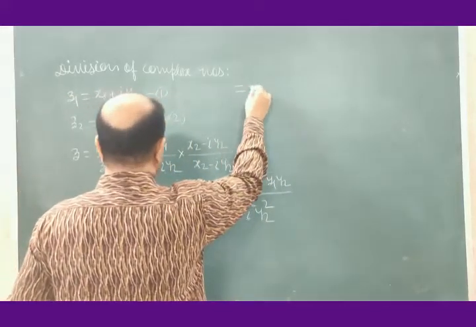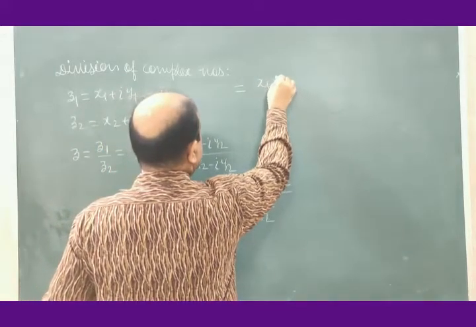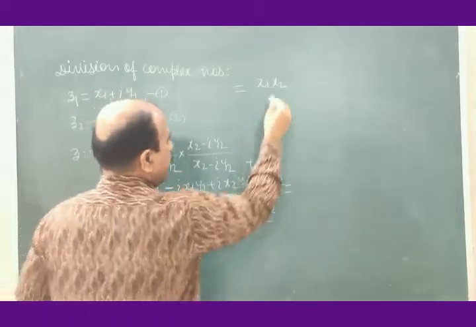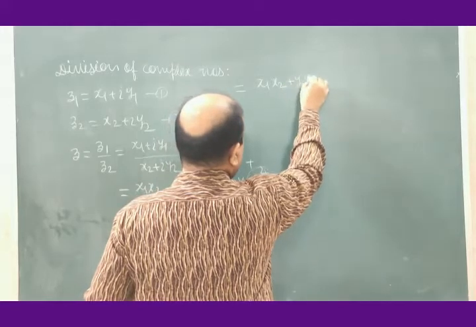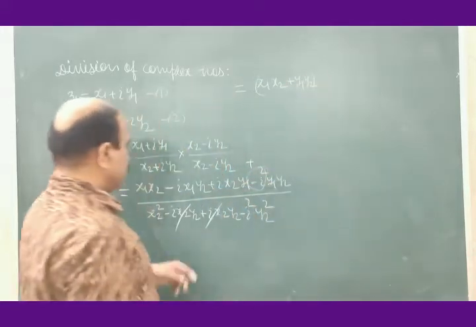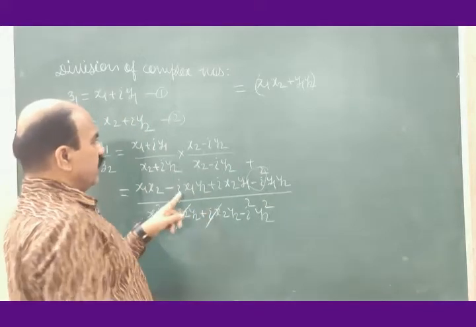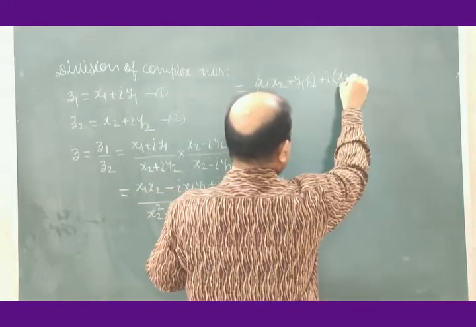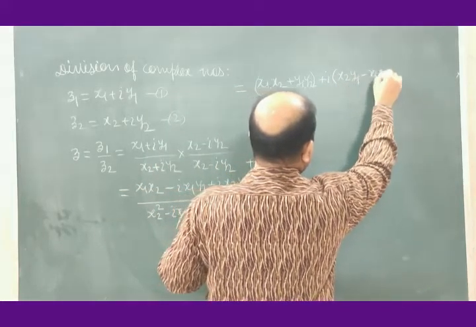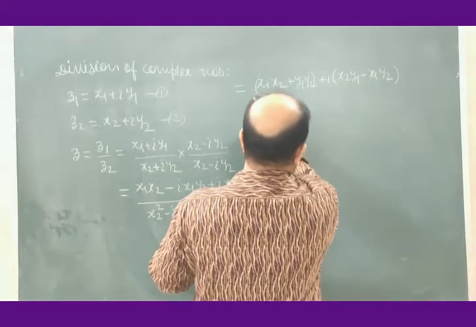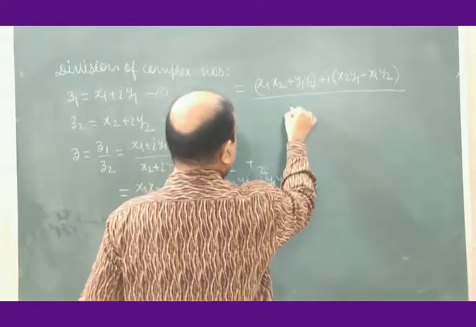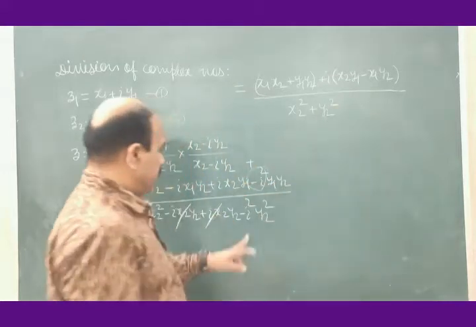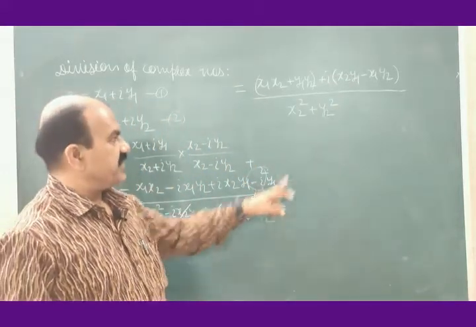And we will have x1 x2 plus y1 y2 as the real part, and for the imaginary part, taking i common, plus i times x2 y1 minus x1 y2, whole divided by x2 square plus y2 square. This minus i square is plus, so it is y2 square.